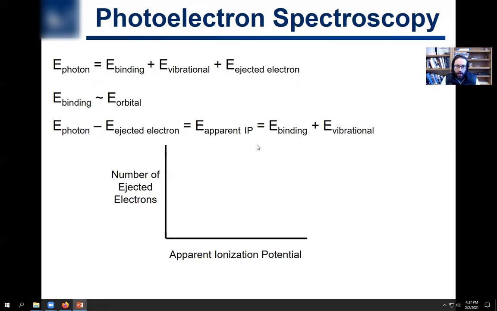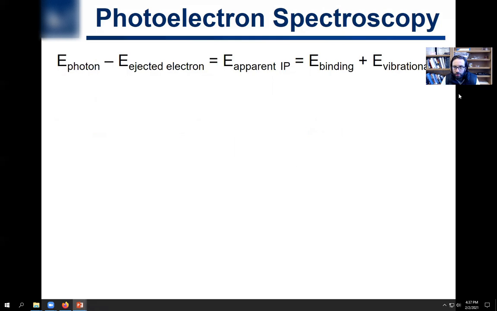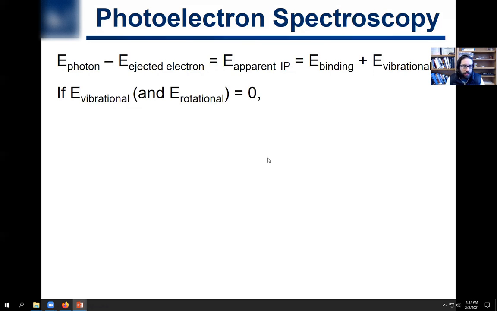And so what you're going to plot now when you get these spectra is the apparent ionization potential versus the number of electrons that are ejected, okay? All right, so there's that formula just shown again for you. And so if E vibrational is 0, and there's also actually E rotational in here, okay?